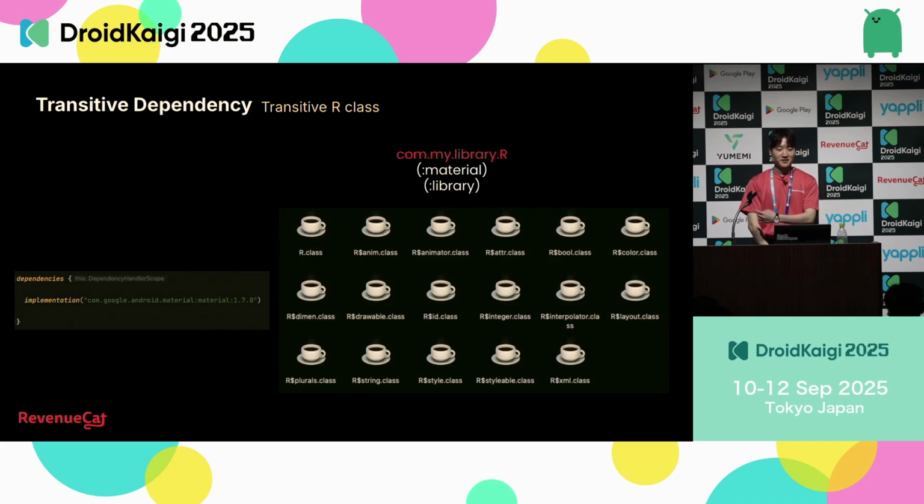So the secret is here. This library doesn't contain any sort of resources, but just contains the material library. And if you unpack the AAR file, you will see it contains a ton of resource classes in your library.